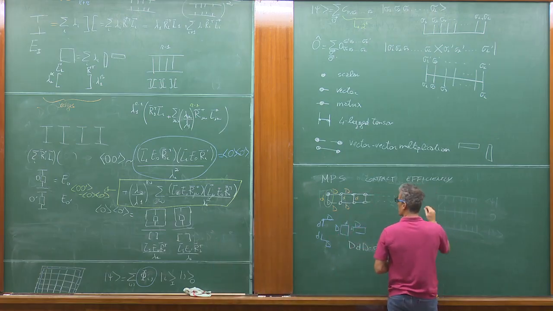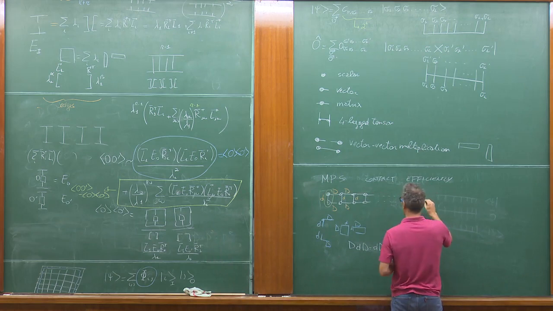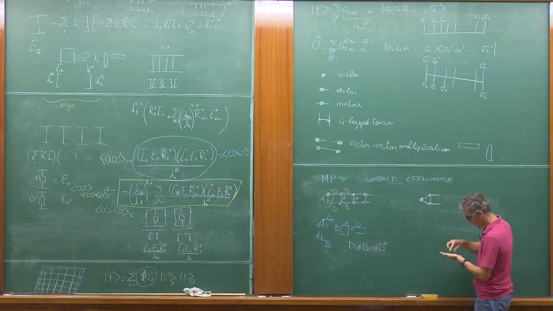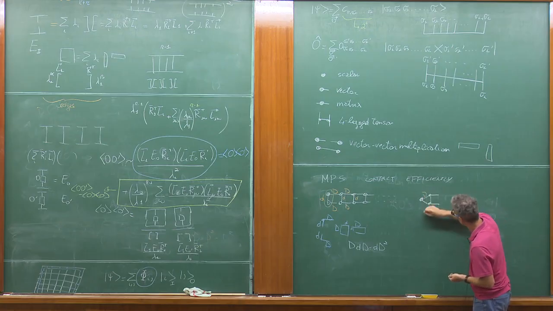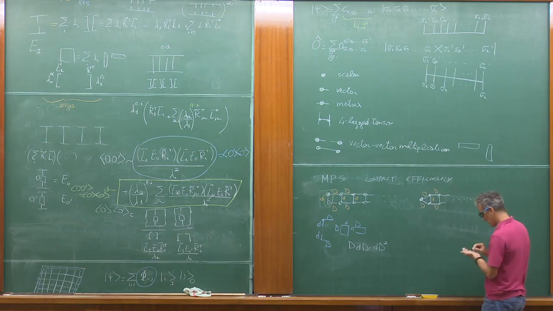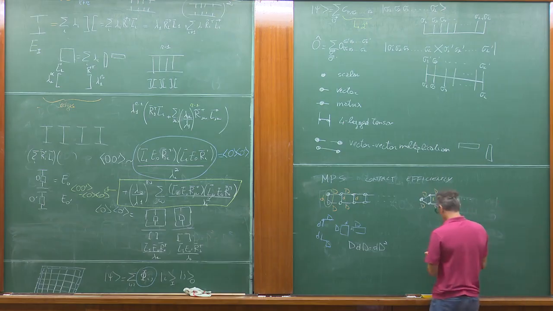Now what do I have? I've merged them into one big object here with big D here, and then I have one dimension D here, small d, big D, correct? And then it continues. So now we can merge these things.